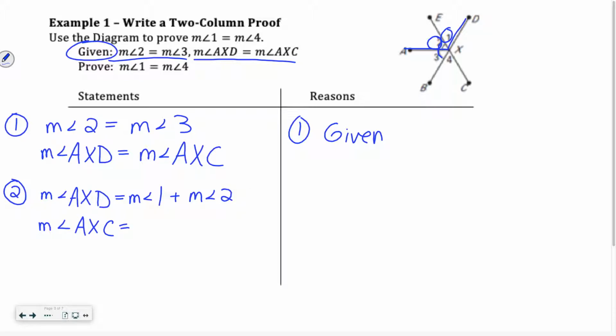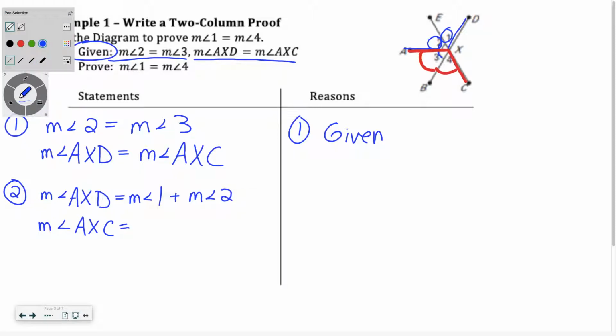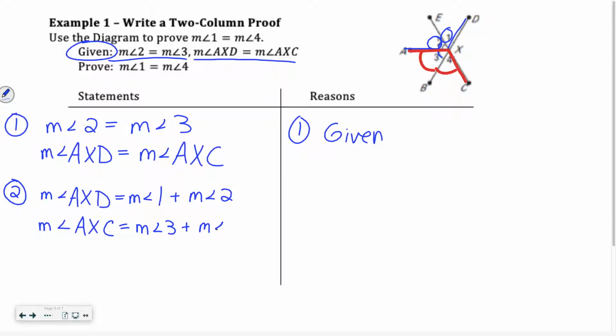If you look at AXC, from A to X to C, there are also two angles, angle 3 and angle 4. So we know that AXC is equal to the measure of angle 3 plus the measure of angle 4.